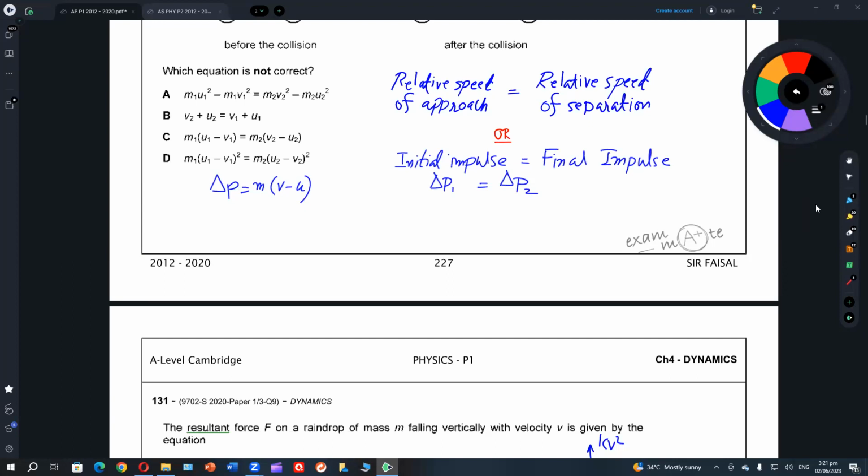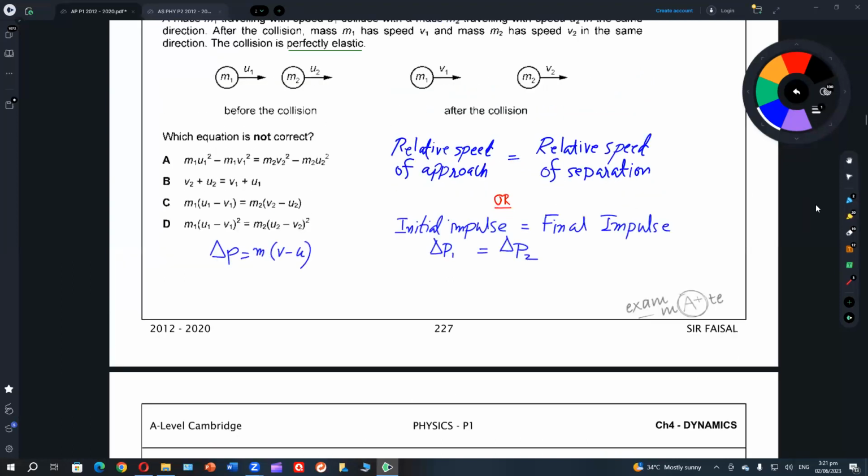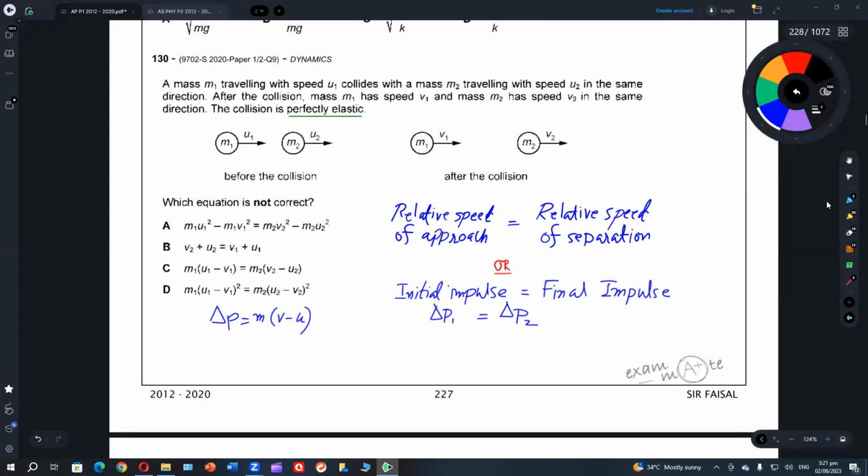This is a possible formula. So I have engaged all of them, and he says which equation is not correct. What's the main formula for momentum? m1u1 plus m2u2.